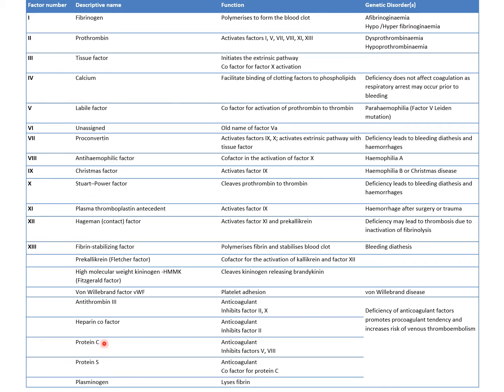And you would also note that apart from the 13 procoagulant factors, there are also anticoagulant factors within the blood: antithrombin 3, heparin cofactor, protein C, protein S, and plasminogen, which create a balance of procoagulant and anticoagulant activity in the blood, which is part of the internal homeostasis of the body.